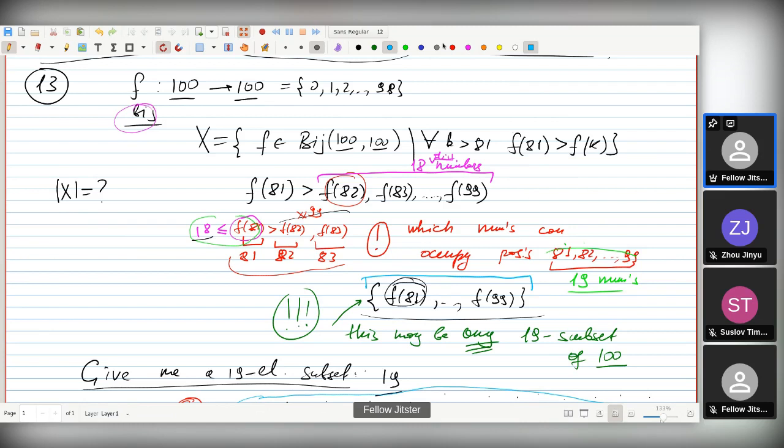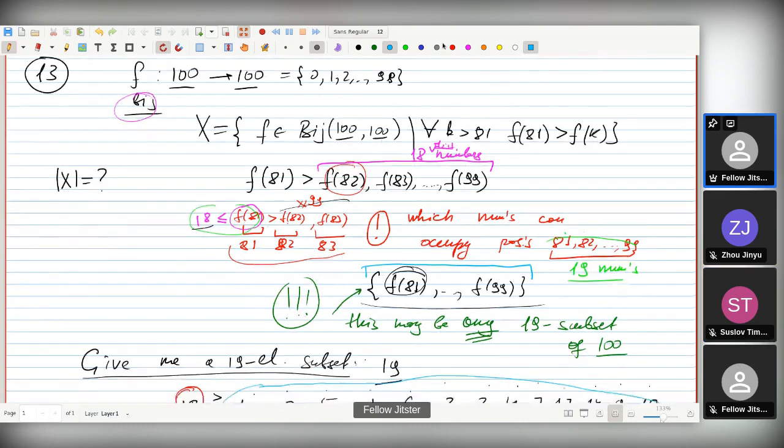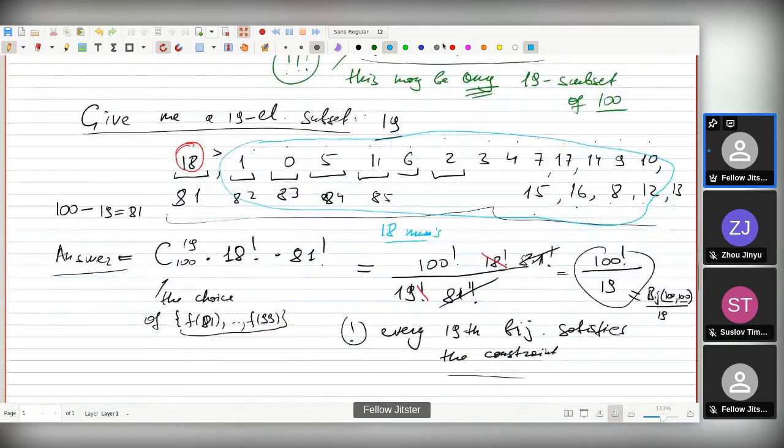Isn't it clear? Yes. But what are the chances that the greatest one will come first, if you rearrange them randomly? 1 out of 19. You have 19 numbers. One of them is the greatest. What are the chances that this greatest one will be taken first, randomly? 1 over 19.